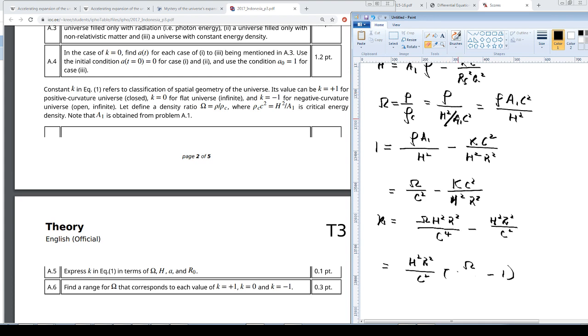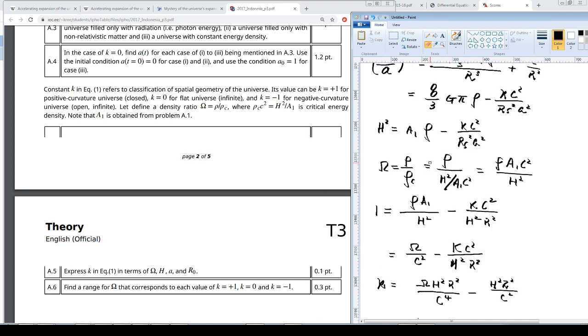Rho c is that c squared is on top. Why do I have this rho a1 over h squared? What is going on?